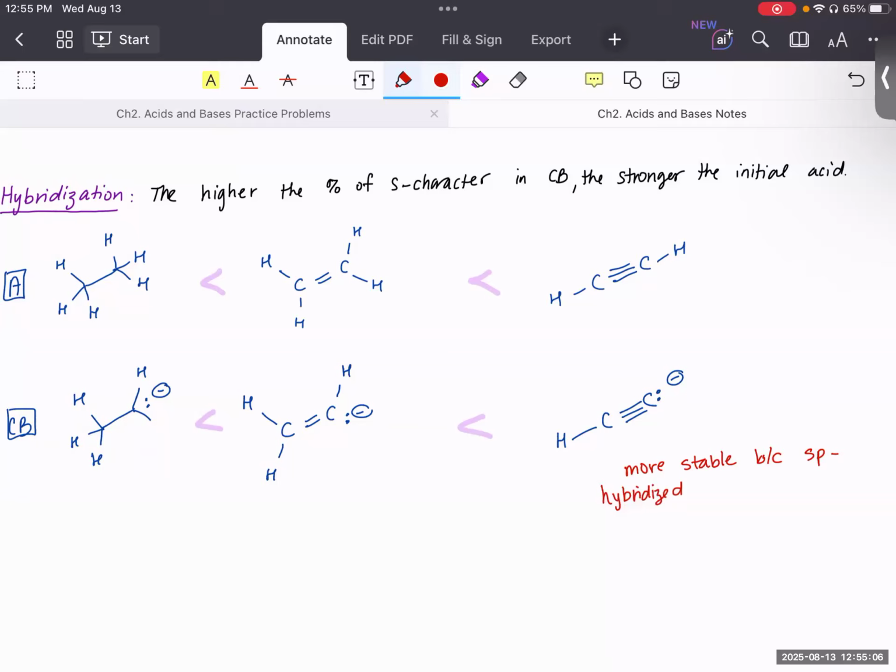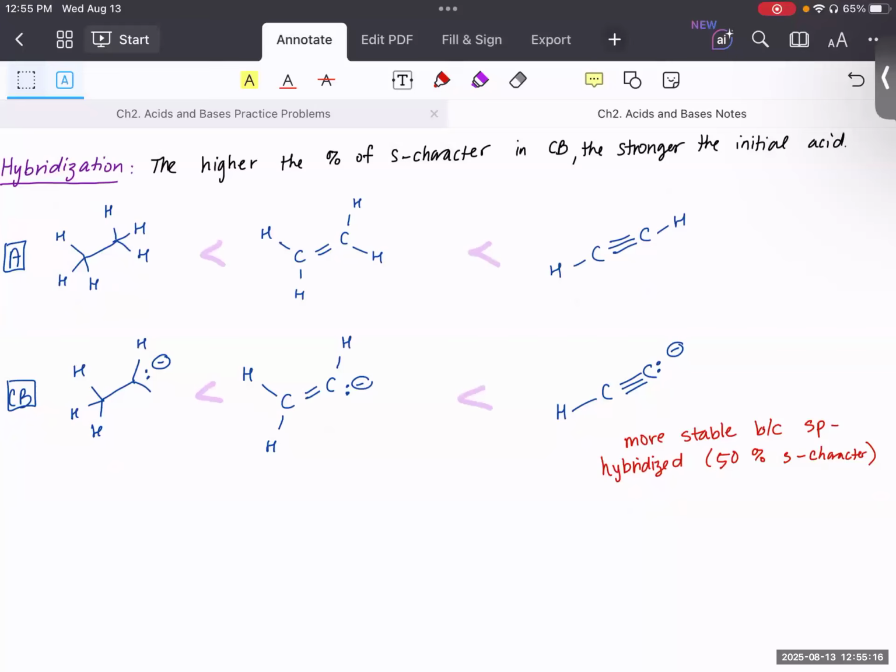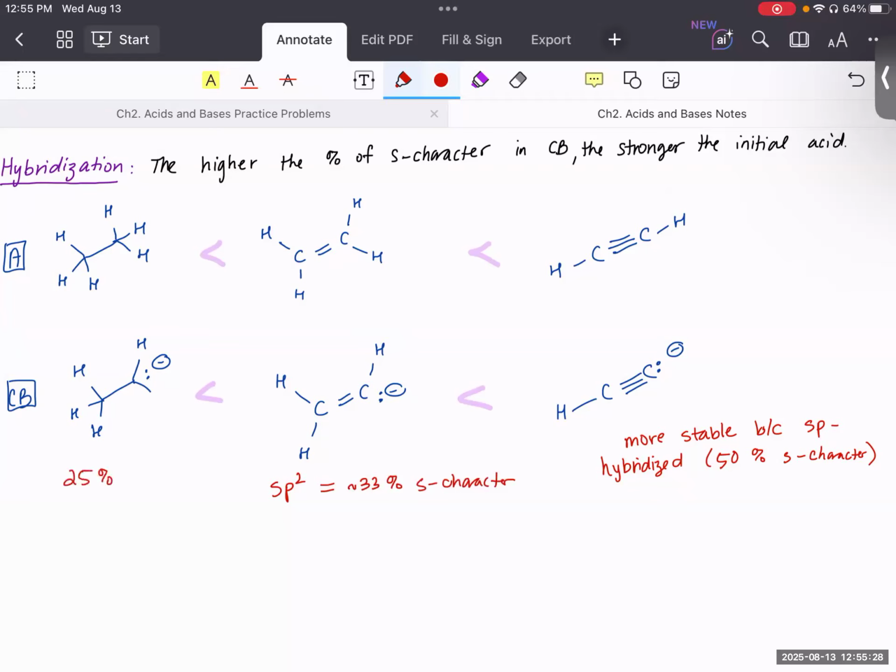And so since it's sp hybridized, we have 50% S character. As opposed to this middle one, here we have sp2, which is about 33% S character. And then 25% S character here, because it's sp3 hybridized.